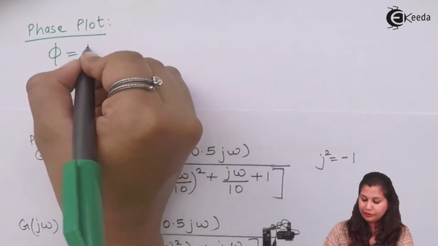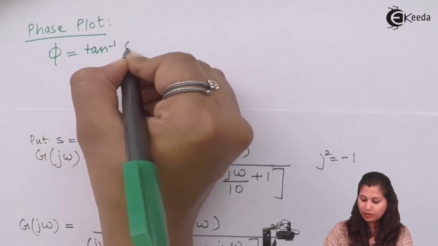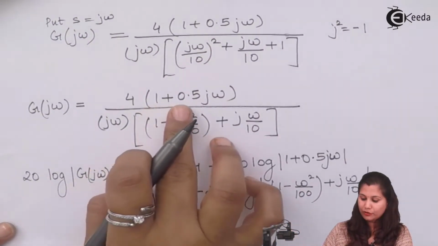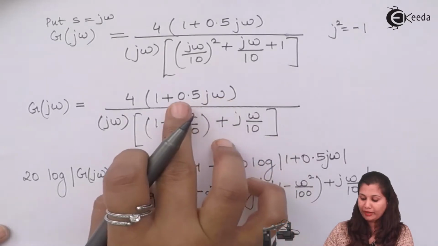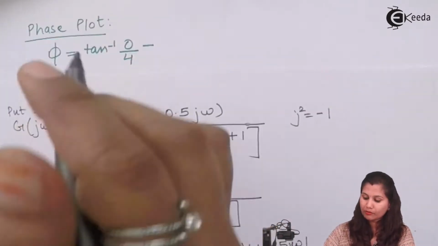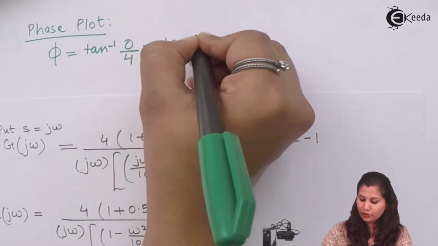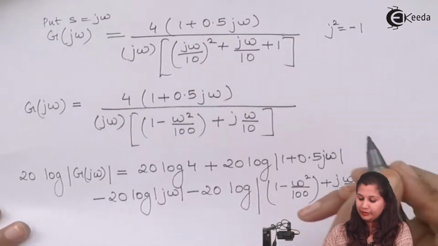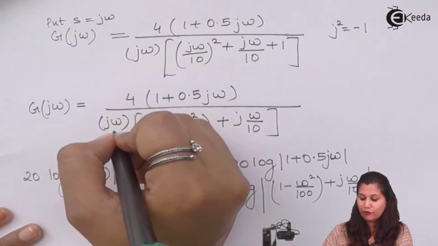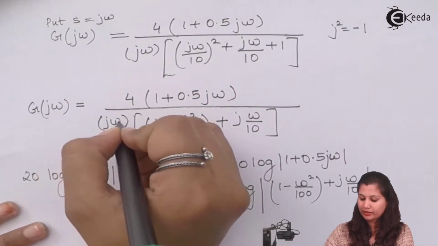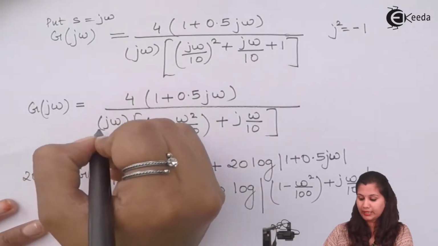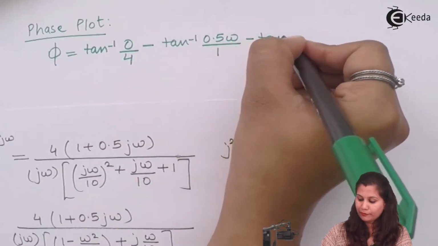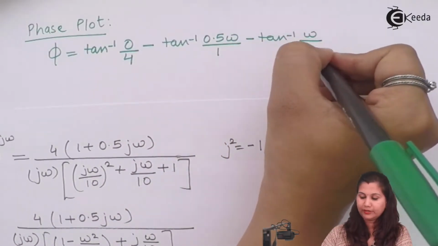Minus we have tan inverse of 0.5 omega upon 1. Then due to this we will have minus tan inverse of omega upon 0, because the imaginary term is present but the real part is 0.